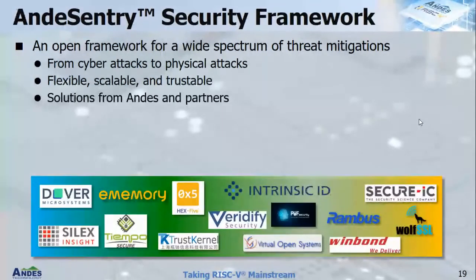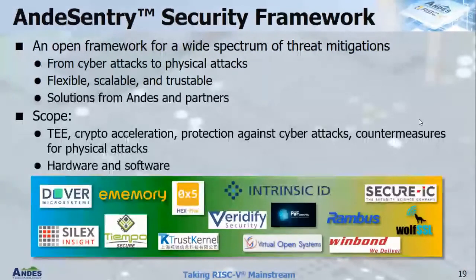And here at Andes, we are working together with many of our companies, like Rambus, in Japan Silex is also very strong, or Silex inside SecureIC, Hex5. And what we are working on is to provide a security solution or a framework which is known to work, which is pre-certified, where we already make sure with our partners how to connect things, so it's kind of working out of the box.